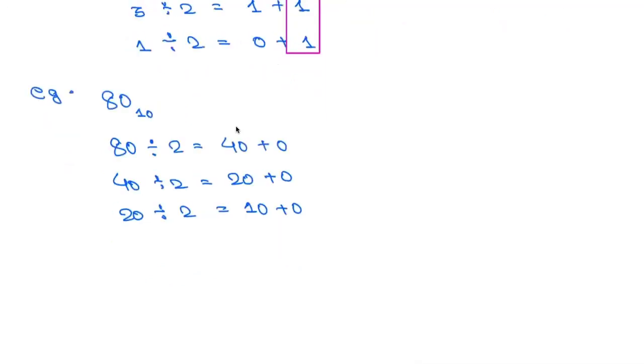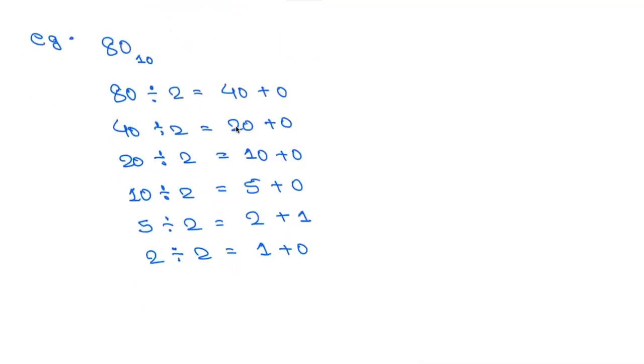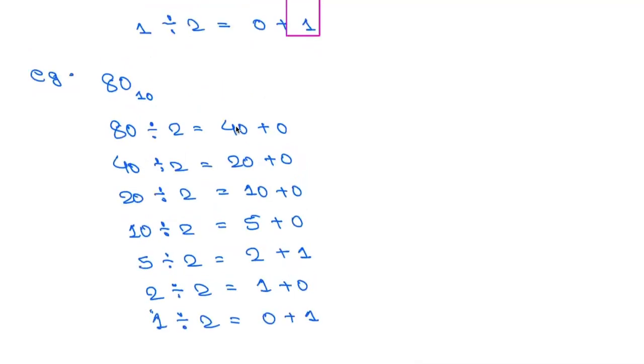Check करना, गलती ना हो जाए. 10 divided by 2 will give us 5 plus 0. 5 divided by 2 will give us 2 plus 1. 2 divided by 2 will give us 1 plus 0. 1 divided by 2 will give us 0 plus 1.